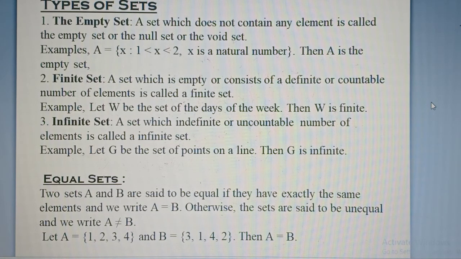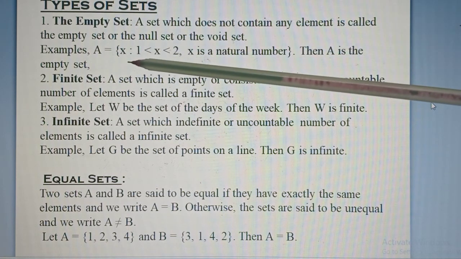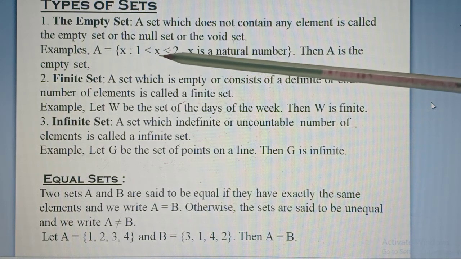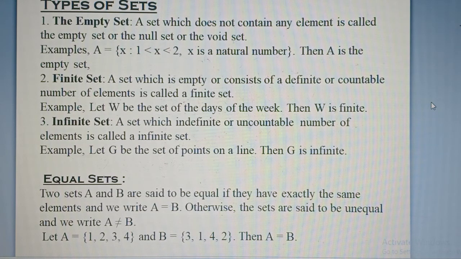For example, {x such that 1 < x < 2, x is a natural number}. There is no natural number between 1 and 2, so there is no element in this set. This type of set is called a null set or empty set.